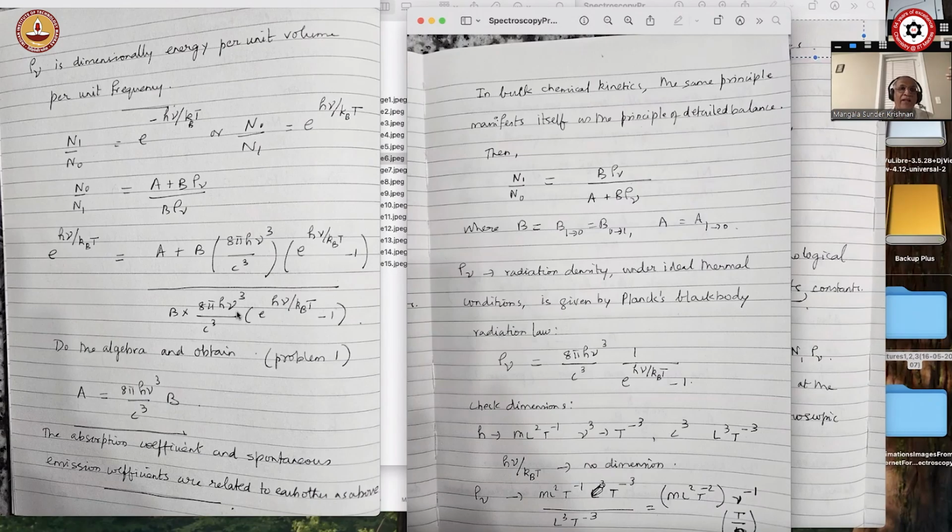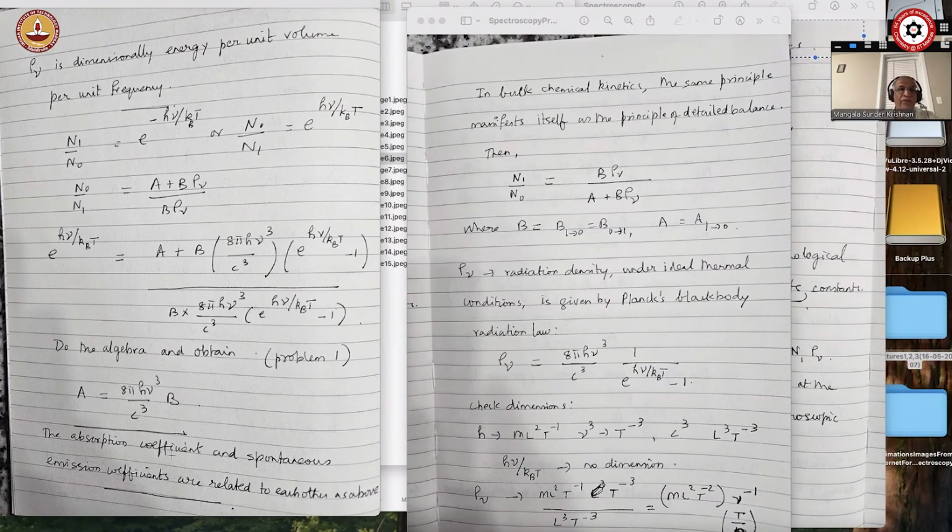Okay? And then I want you to do the algebra and obtain as problem 1 the relationship between A and B. A is equal to 8 pi h nu cube divided by c cube times B. This is the first fundamental relationship through very simple approximations and very simple ideas that Einstein came up with.